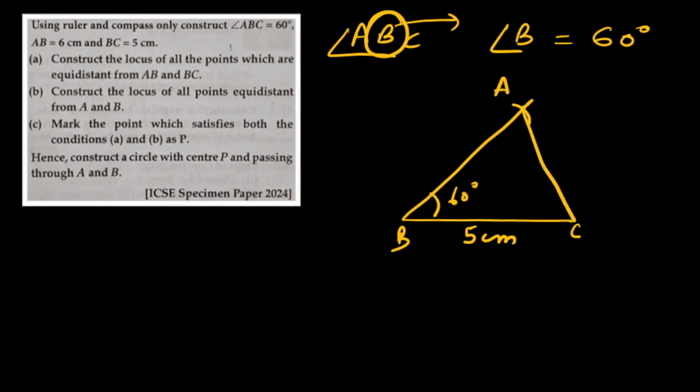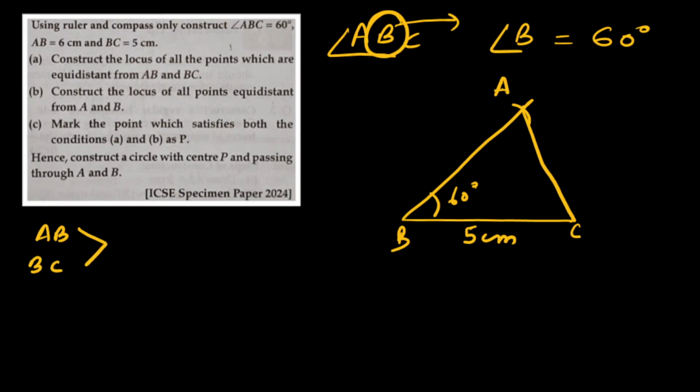I'll join A and C. So the triangle is ready. Now construct the locus of the points. This is a combined question of loci and circles. For the locus, you have to see point-wise. Construct the locus of the points which are equidistant from AB and BC.